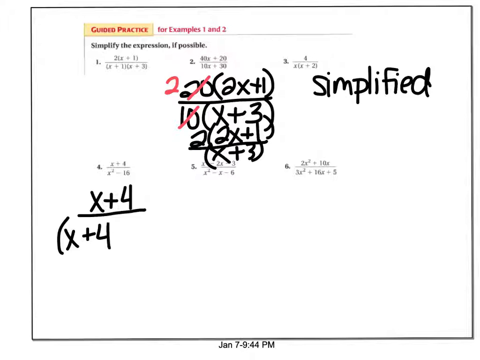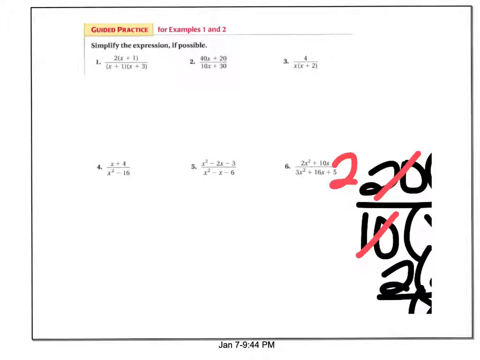Factoring the denominator looks like this. These cancel, leaving you with your simplified rational expression.